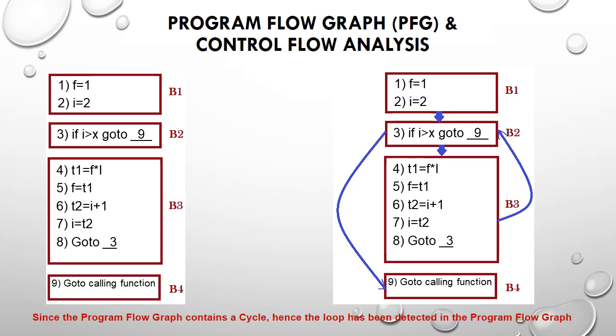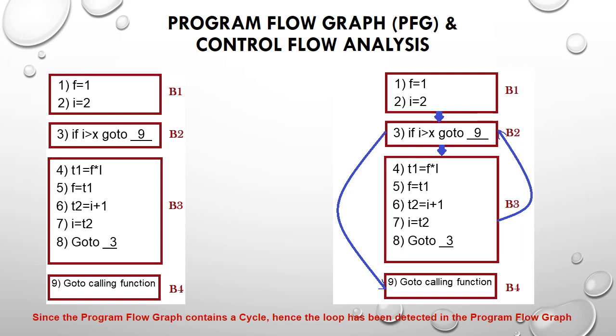Now if you see B3, the 8th statement in B3 says to go to 3. So 3 is what? It's in the basic block B2. So from B3 we are moving to the B2 block. Now if we do the control flow analysis here, from B2 to B3 to B2, it's a cycle.